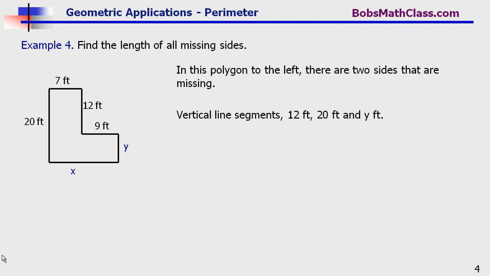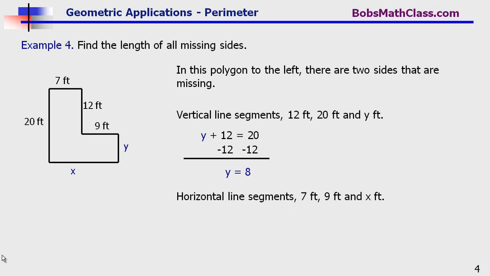The smaller one above is 12, and that one's a little bit larger than the smaller one below. And then we have a 12 feet line segment, and the other segment is Y. So what is the value of Y? The two vertical segments have to add up to be 20. Subtract 12 on both sides, so that gives us 8.